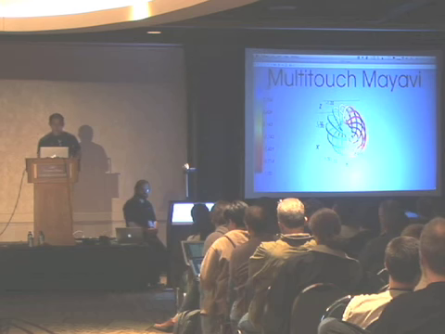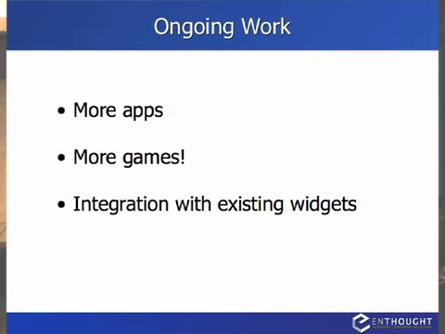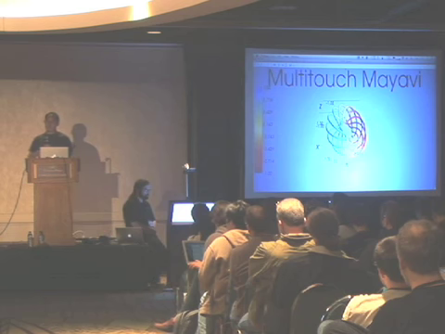And one last thing that we can do is integrate with existing widget toolkits. And this is actually something we're a little bit torn about. We're not really sure if it should be that high of a priority for us. Doing a multi-touch widget integration, it's not clear to me that's really the best thing to do, because most widget toolkits are made for single touch.